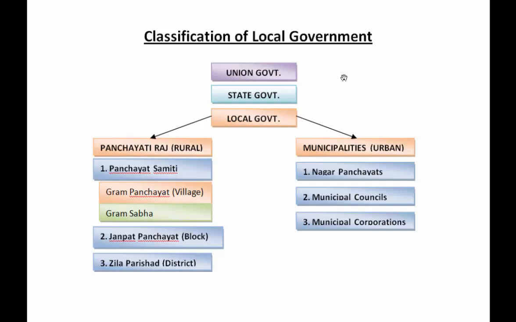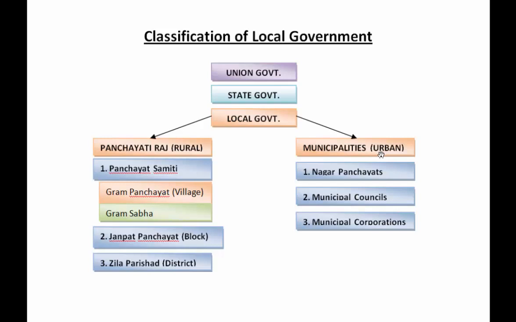And after that, we have local government. This local government is basically classified into two. The first one is rural local government, which we call Panchayati Raj, and urban local government, known as municipalities.